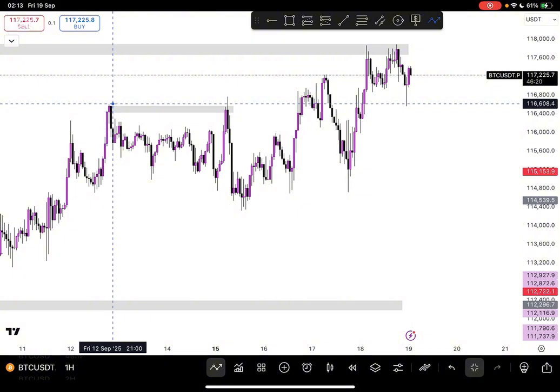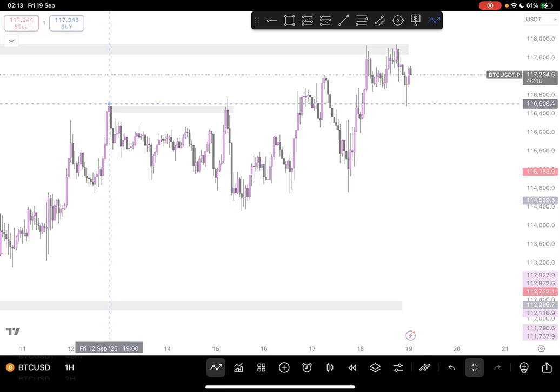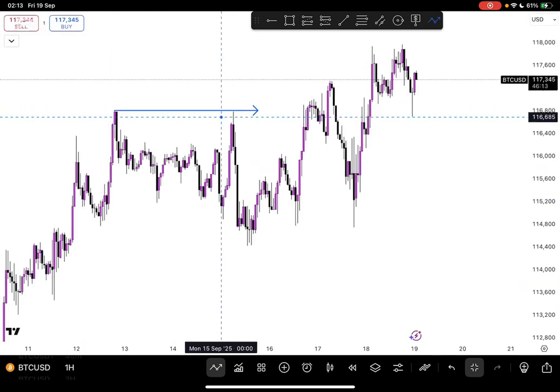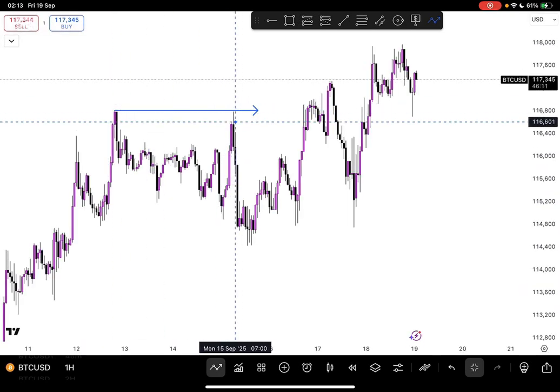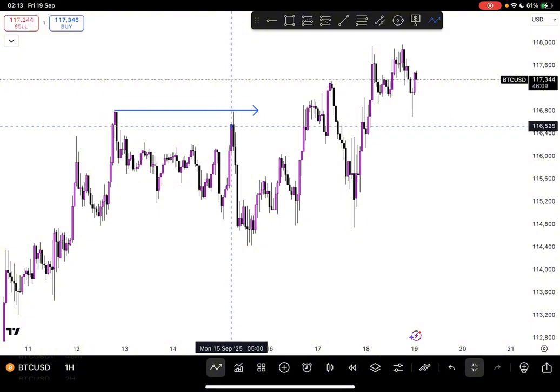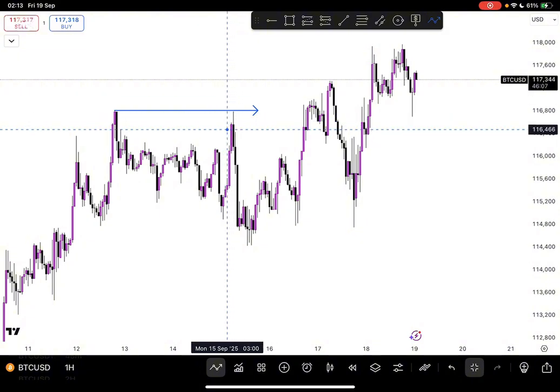This was a clear sweep here on this other BTC USD, while on this one it did not sweep. I saw that, and like I've said, I wouldn't have done the analysis here.